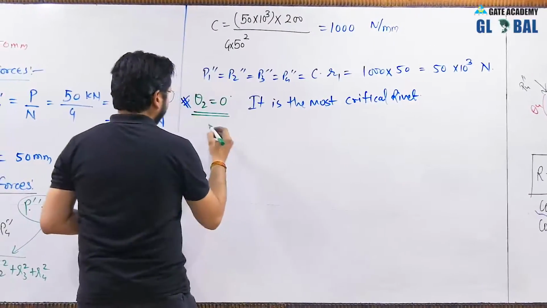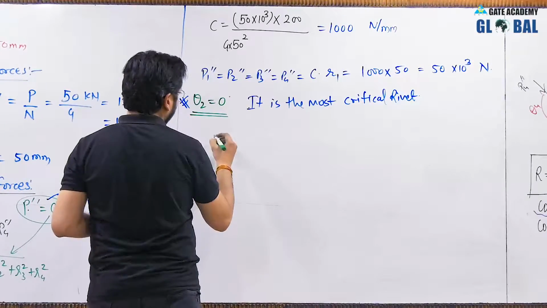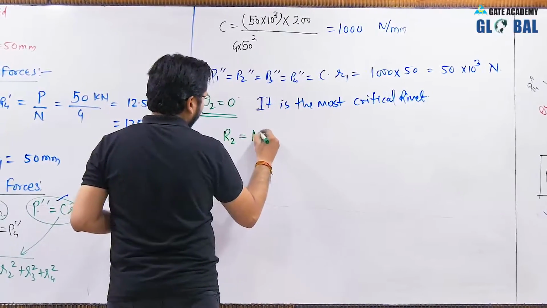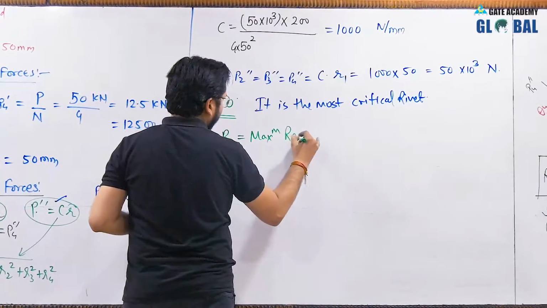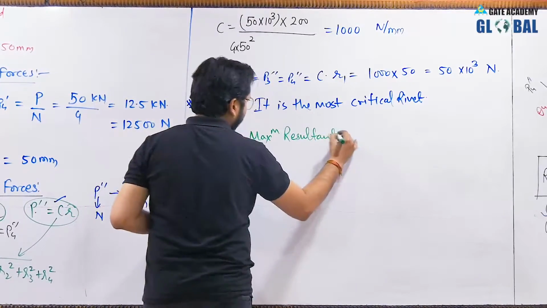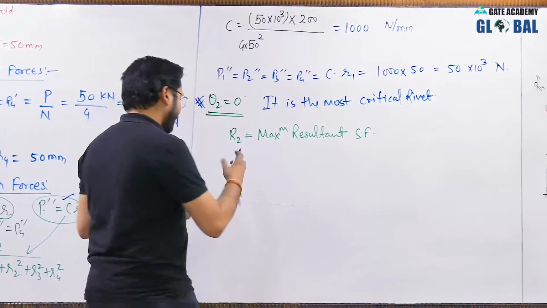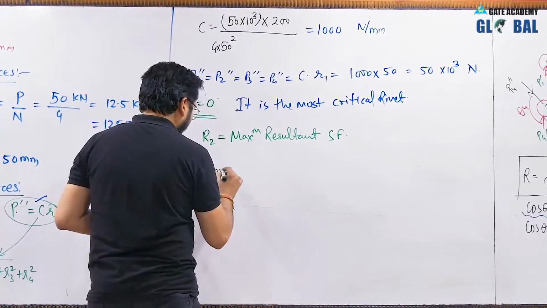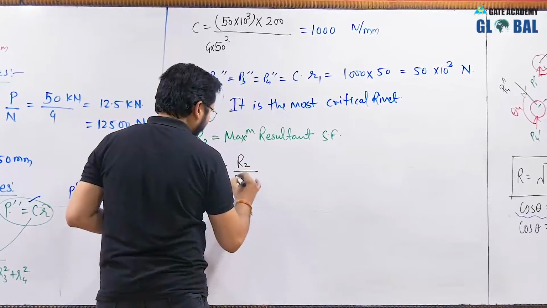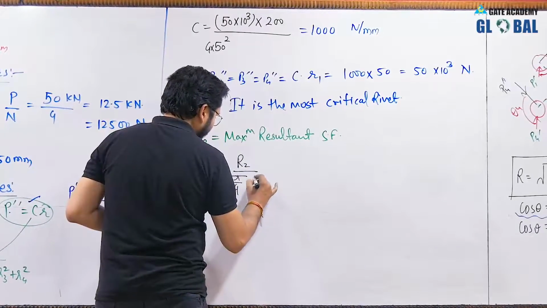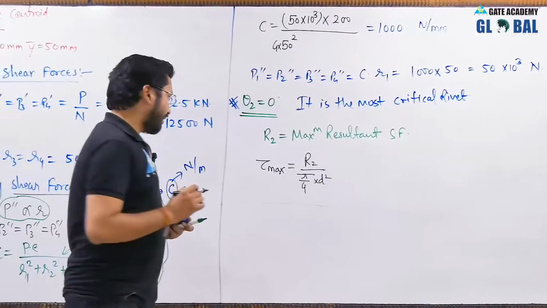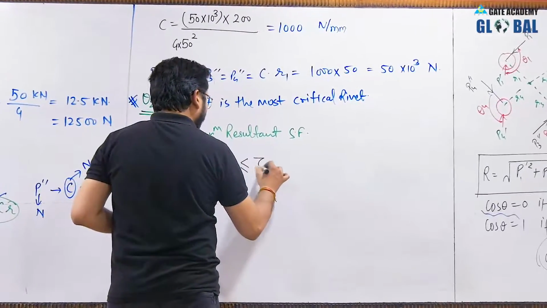R2 will be the maximum resultant shear force. Hence tau max will be equal to R2 divided by pi by 4 d square, and this should be less than or equal to tau permissible.